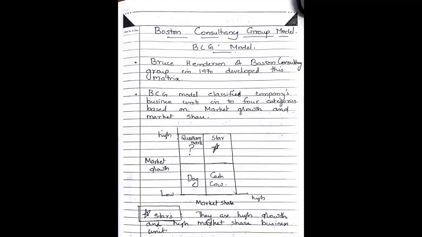In the first column on the top we can see a question mark. Question mark means the market share is low and at the same time market growth is very high. If a product is introduced in the market, the market growth may be very high because it is a new product.